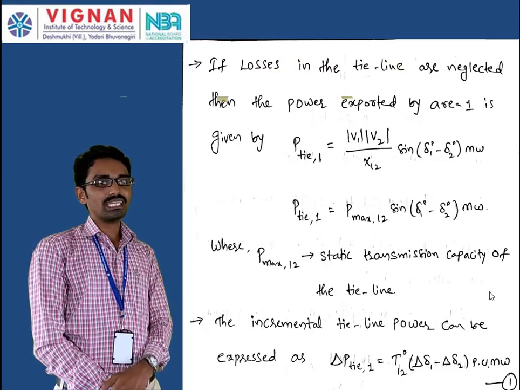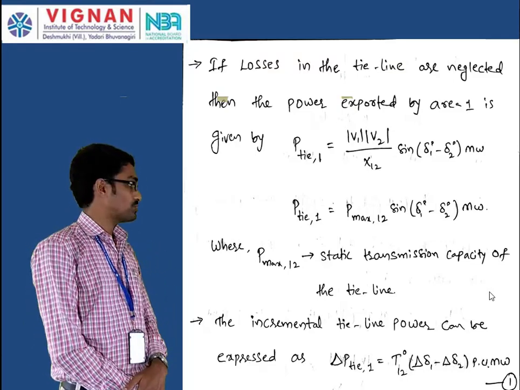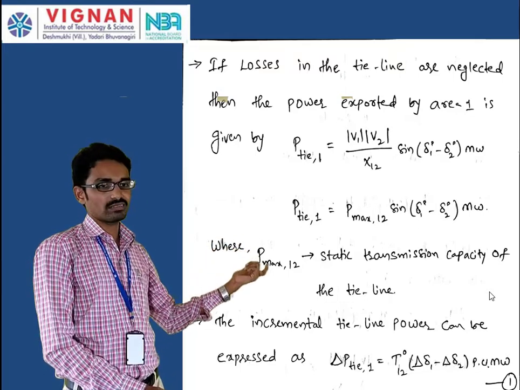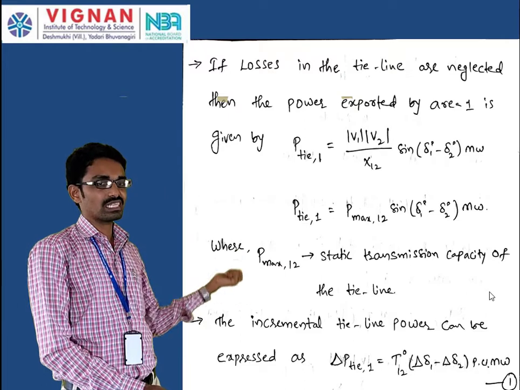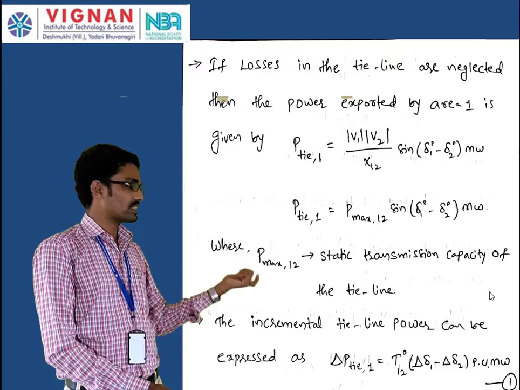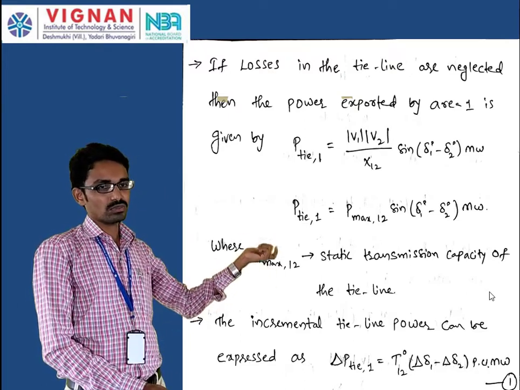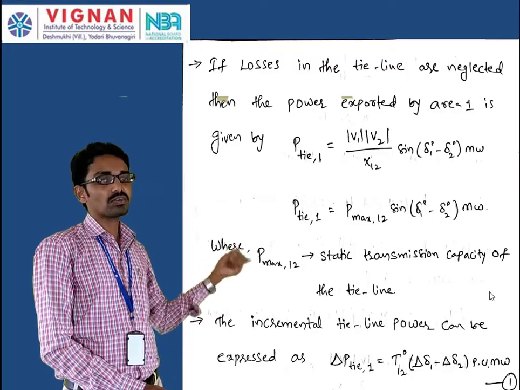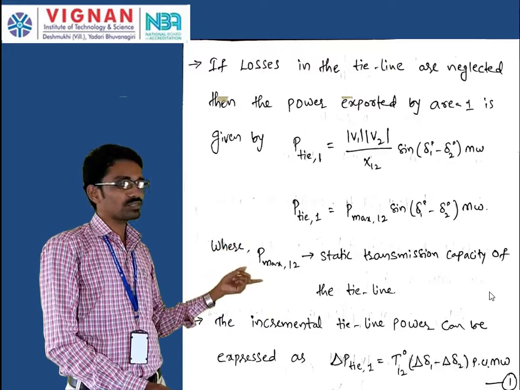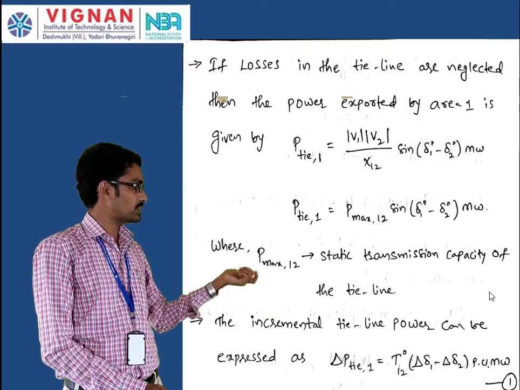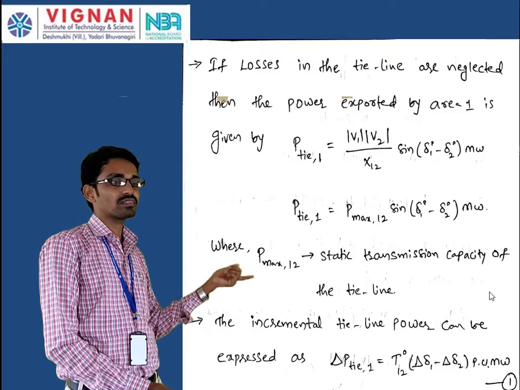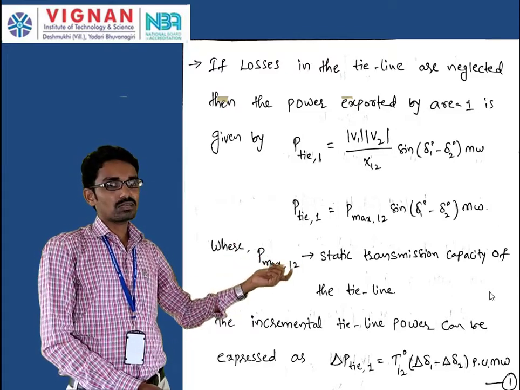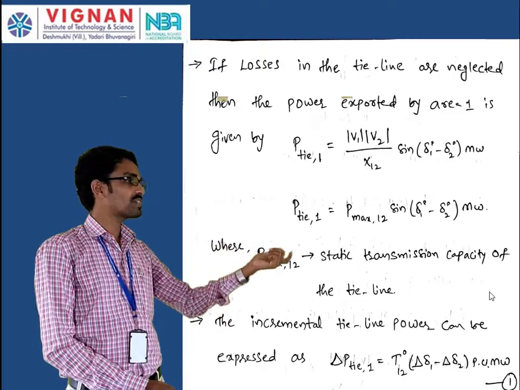In per unit values, the change in the tie line power del P tie 1 is T120, where T120 is the nominal value of the synchronizing coefficient. T12 is the synchronizing coefficient, and T120 is its nominal value, into del delta 1 minus del delta 2, which is considered in per unit megawatts.